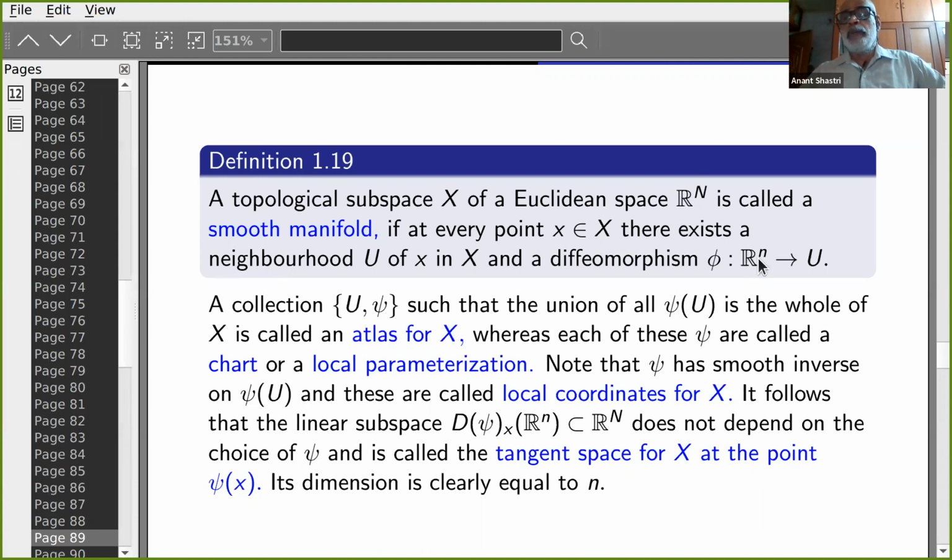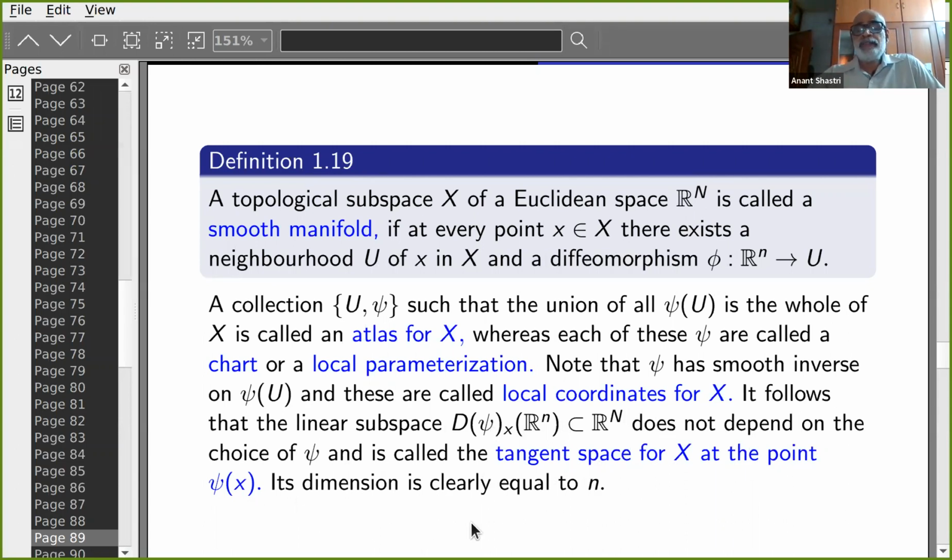The image will be an n-dimensional subspace because this is a diffeomorphism. The derivative has to be non-zero. So this is some subspace, a linear subspace. It does not depend on the choice of the psi, and is called the tangent space of X at the point psi of x.